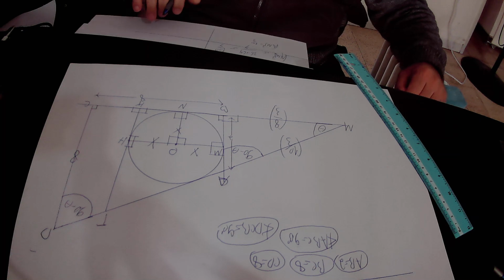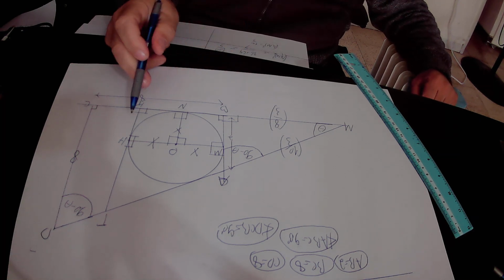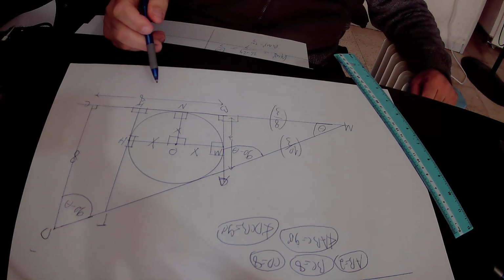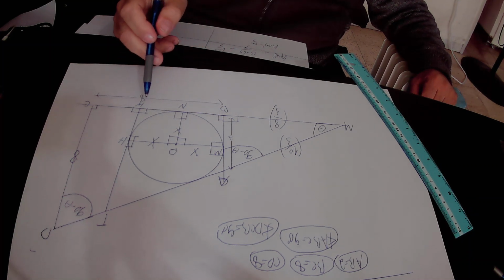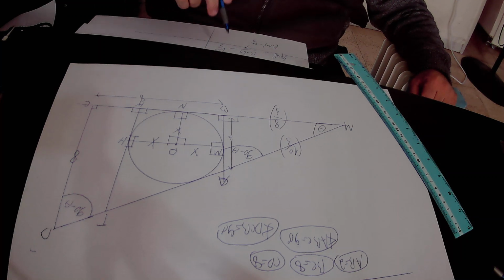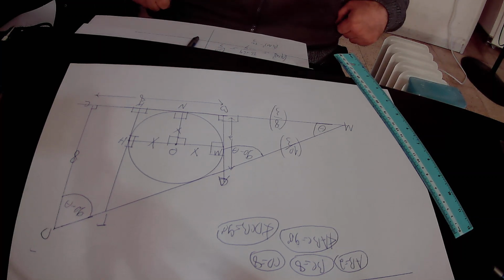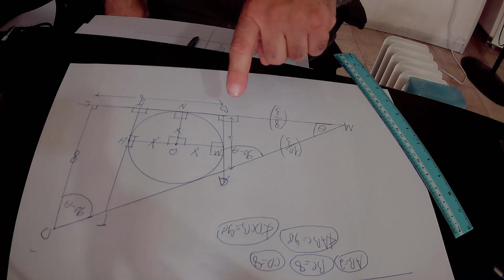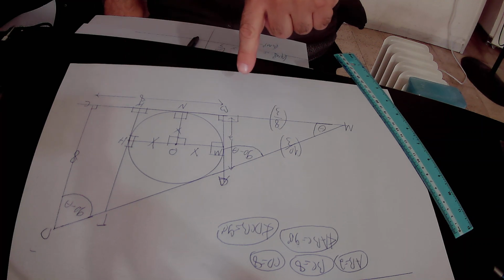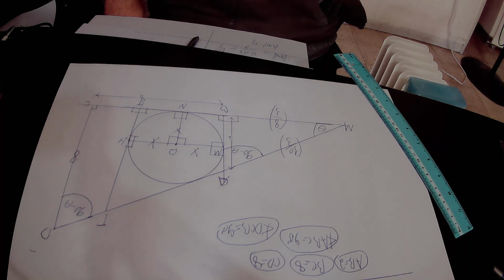In the next step, we'll focus on quadrilateral MHBK. In quadrilateral MHBK, we have 1, 2, 3, 4 right angles. Any quadrilateral that has 4 right angles must be at least a rectangle if not a square. So we relate to quadrilateral MHBK as a rectangle.